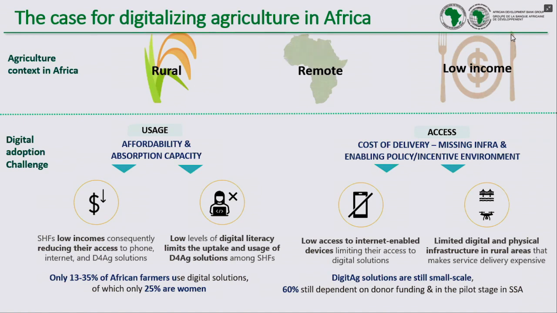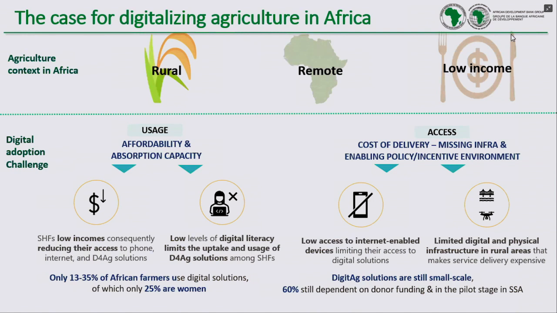On the innovator side, most digital technologies are innovated and created by private actors. This means that they seek returns on their investment. But the reality in Africa for our rural, remote, and low-income agriculture actors is that there is missing digital and telecom infrastructure that doesn't always reach these remote areas.